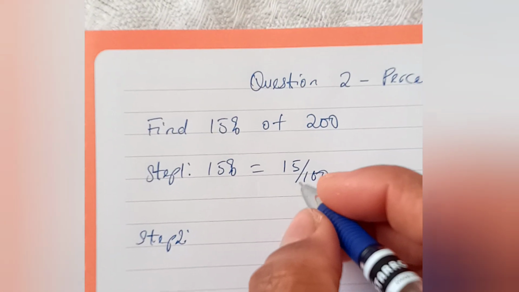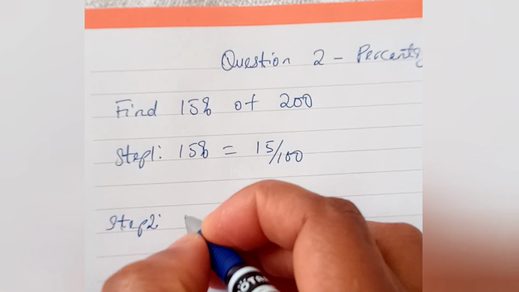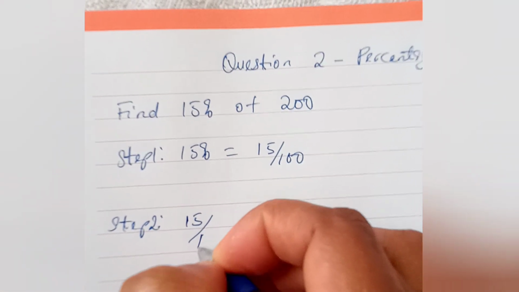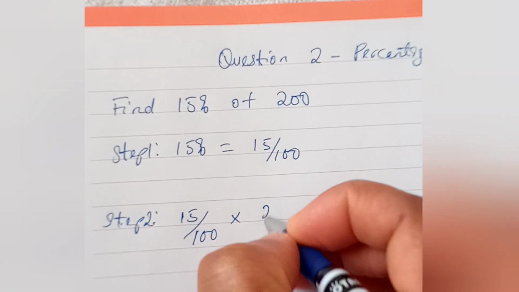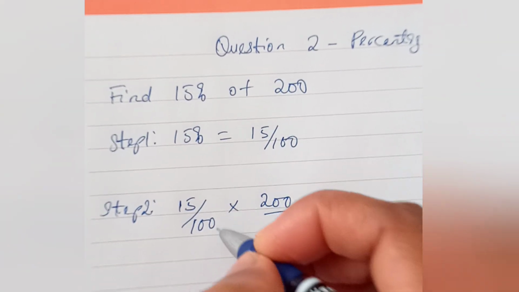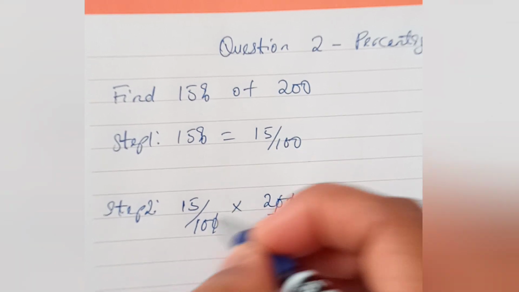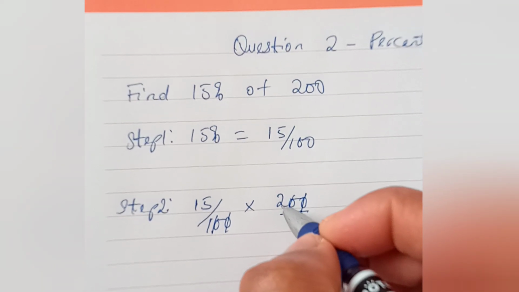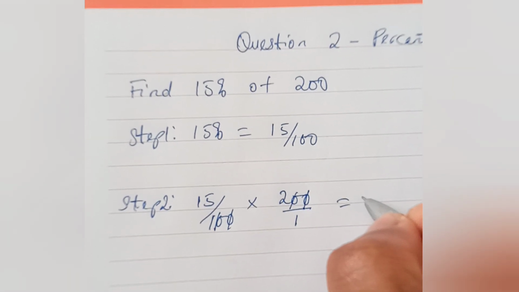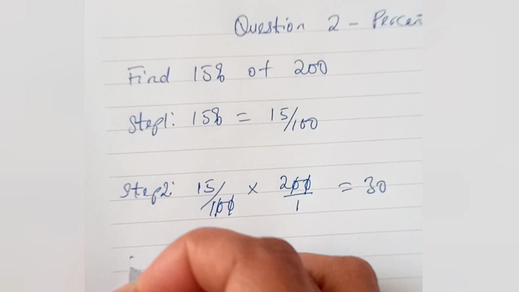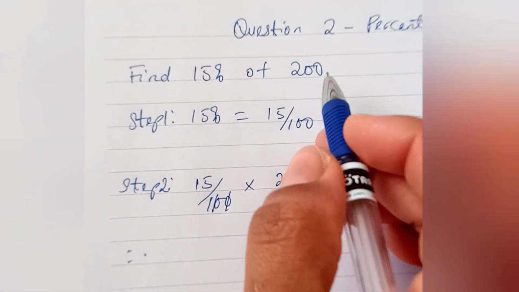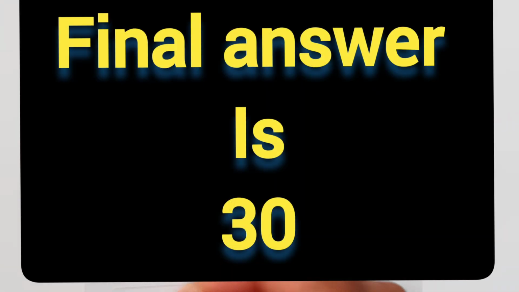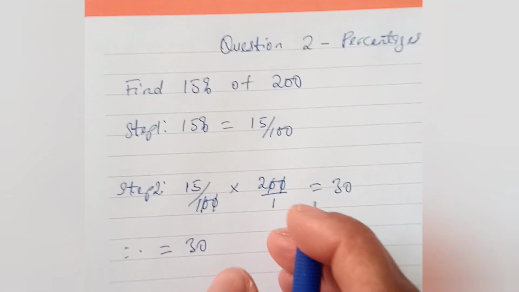Step 2, 15 over 100 multiplied by 200 over 1. 0 will cancel 0, 0 will cancel 0. 15 multiplied by 2 will give you 30. Therefore, 15% of 200 is equal to 30.